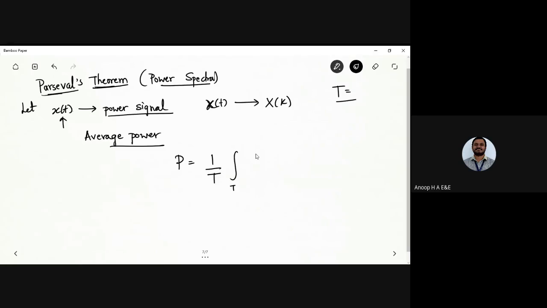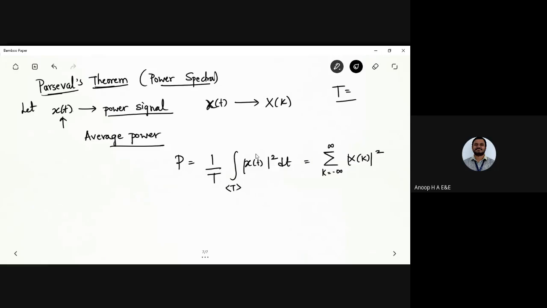That is p equals 1 divided by T times the integral over the time period of x of t modulus squared dt, which equals the sum over k from minus infinity to plus infinity of x of k modulus squared. So according to Parseval's theorem, the average power over one complete time period, 1 divided by T integral of the modulus squared of x of t dt, equals the sum over k from minus infinity to plus infinity of x of k under the modulus square.